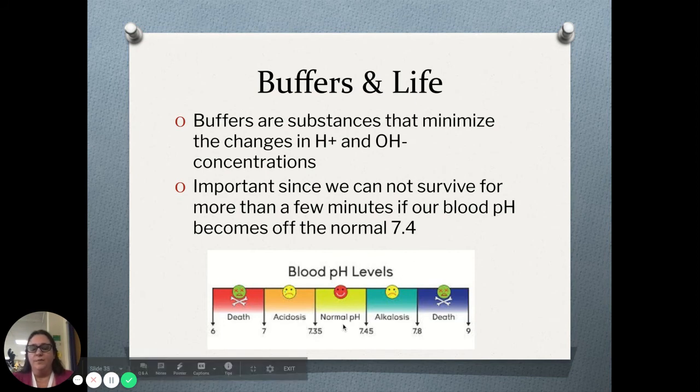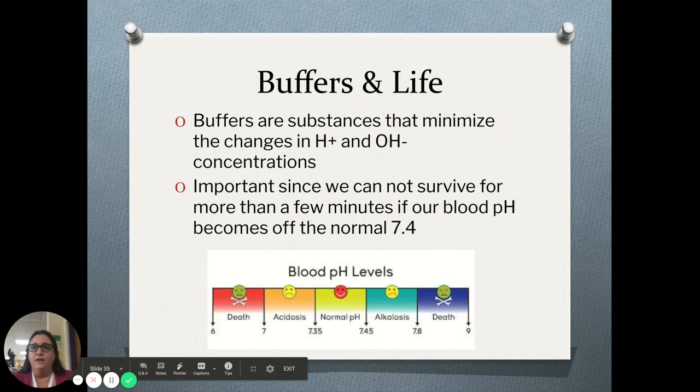Everybody is slightly different, right? But somewhere in here is our normal pH. You can get acidosis if you go too far below, and if you get below 7, that's kind of dead. Alkalosis is having too high of a pH, and if it goes way too high, you can die.